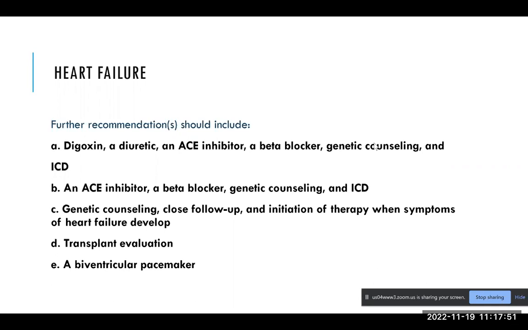Previously, when I put this question, ARNI was the PARADIGM trial, and the recommendation was for patients who had been established on ACE inhibitors and ARBs.